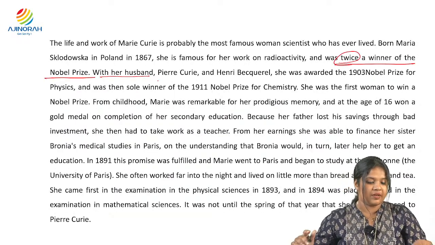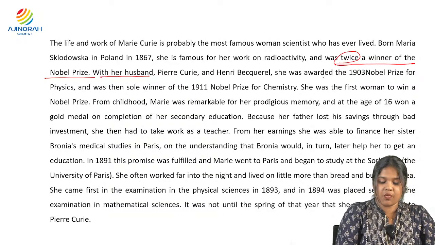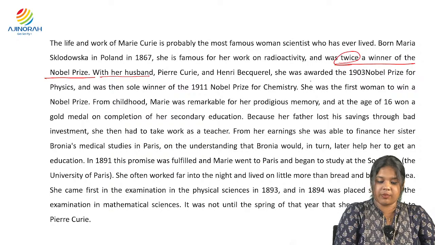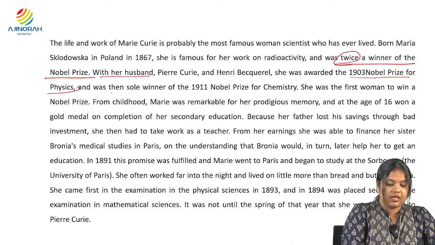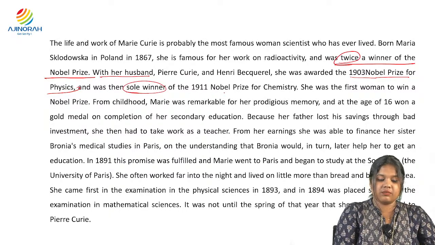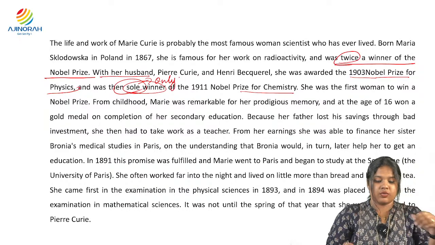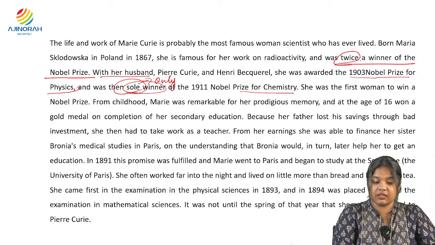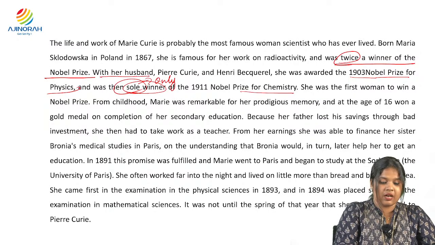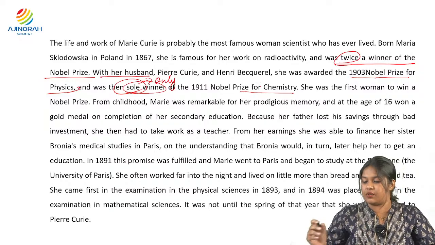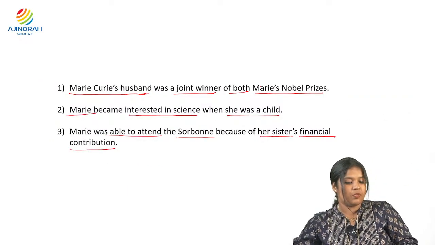With her husband, she was awarded the 1903 Nobel Prize for Physics, then was sole winner of the 1911 Nobel Prize for Chemistry. Sole means only winner. So she had won twice, and with her husband she was awarded the prize for physics, but then she is the only winner of the Nobel Prize for Chemistry.